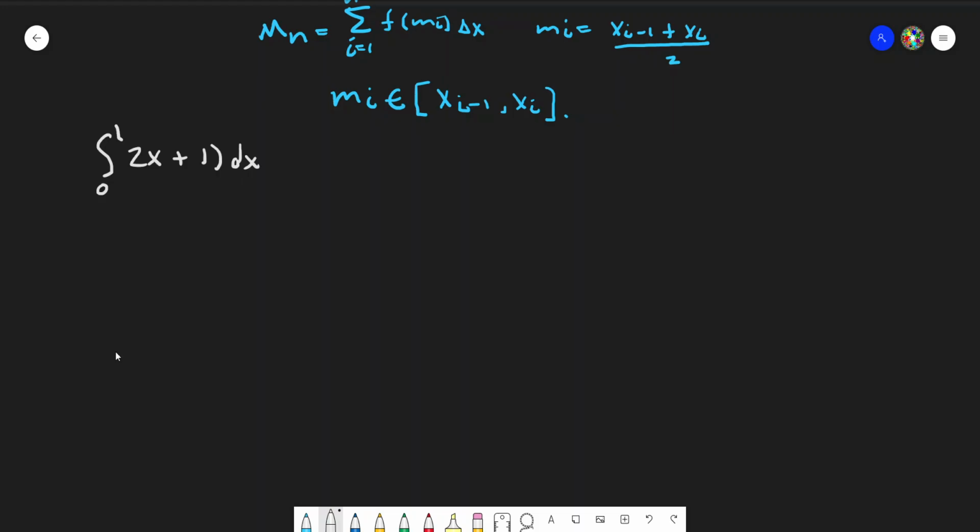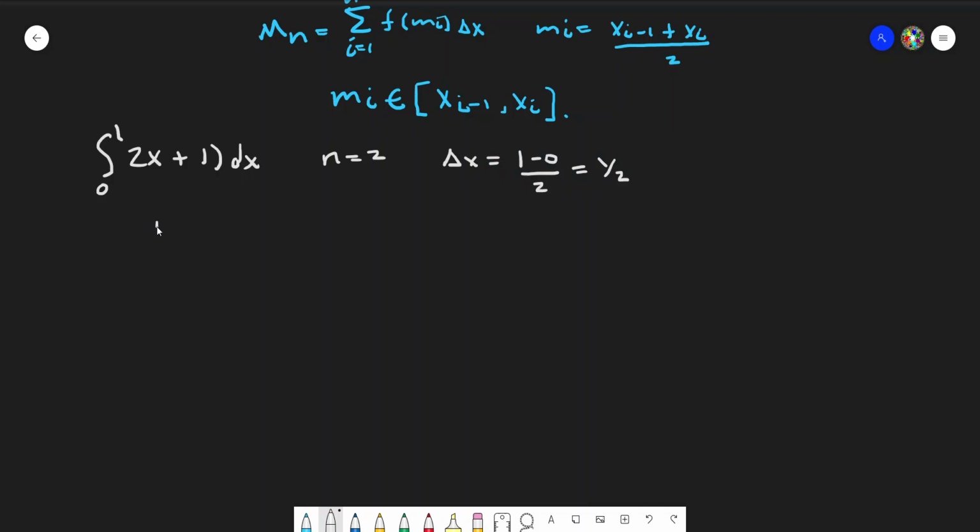Now, what if we use n equal to 2? That would mean delta x is 1 minus 0 divided by 2, which is 1/2.